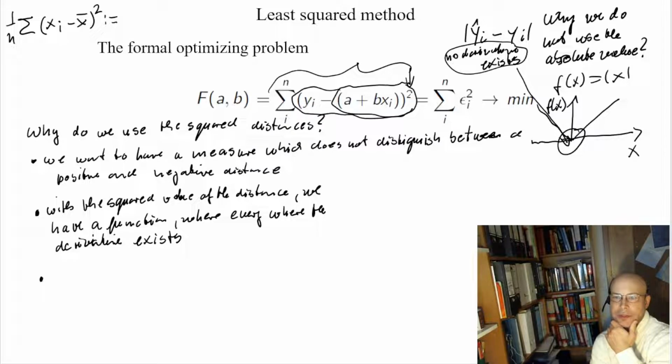The sum of the squared distances with respect to the average of the data.